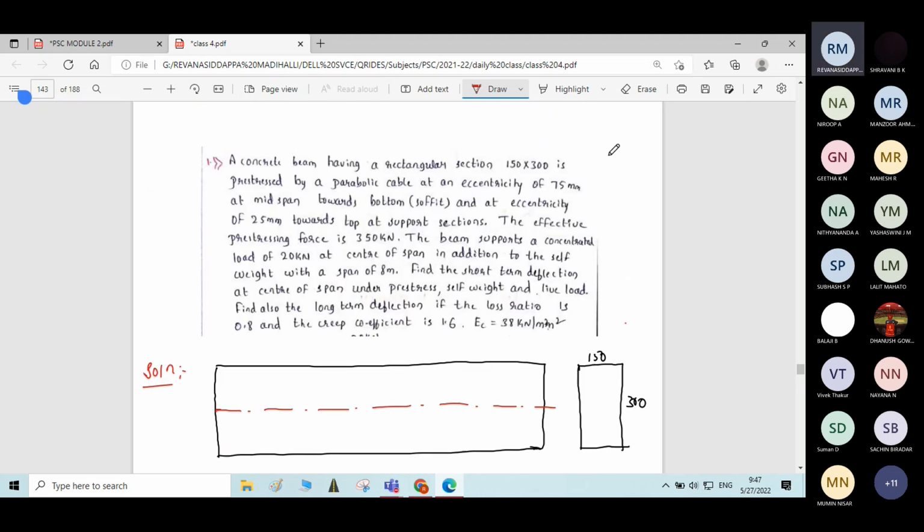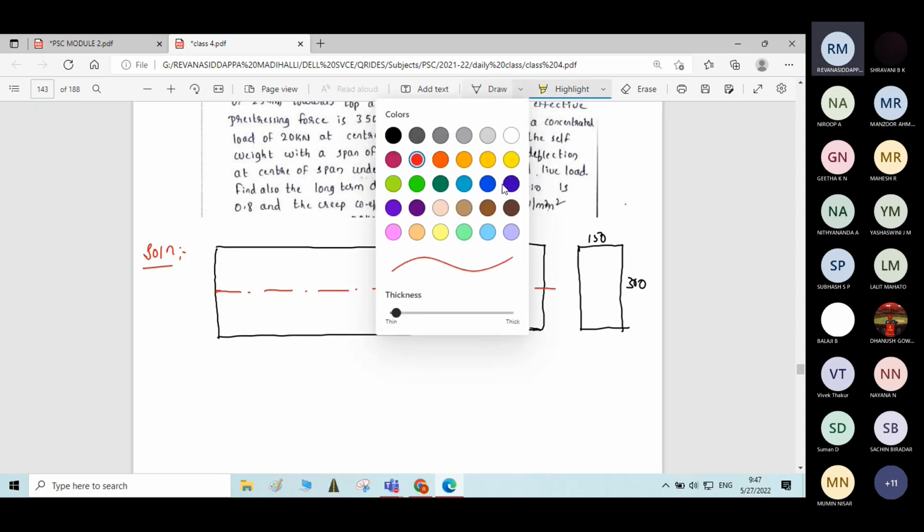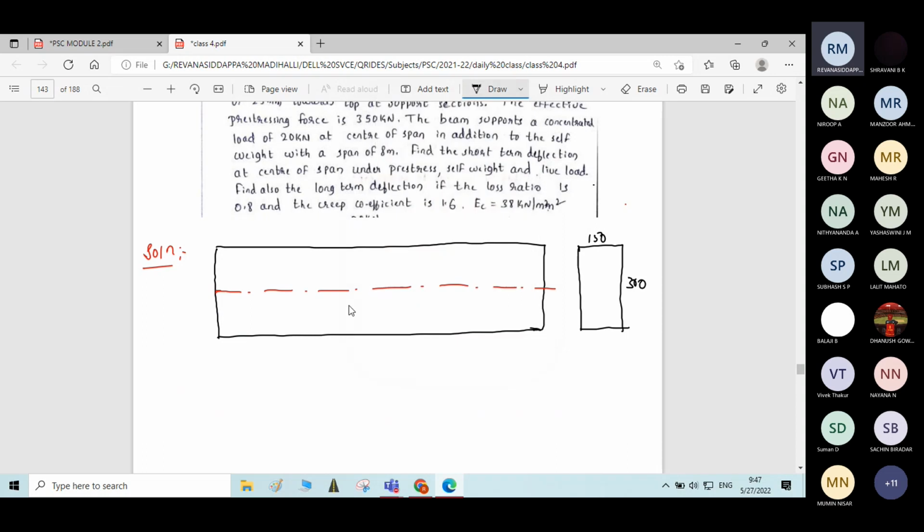Now we go through it. Parabolic cable at an eccentricity of 75 mm at midspan, the eccentricity is 75 mm.